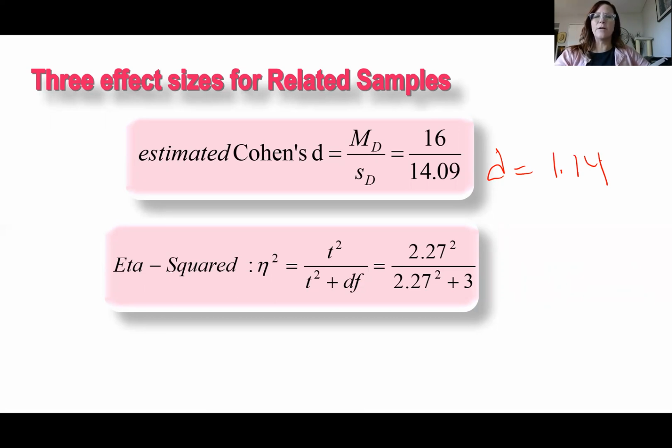When I put this in my calculator, I always put parentheses around this, so that you can make sure you're not ending up just dividing the t obtained by each other. So in this case, eta squared is 0.61, meaning 61% of the variability in the strength measurement was due to the medication. That's a lot, 61% is. So that's really what I want you to know, what are those used for, and then how to calculate at least one of them for your APA result.